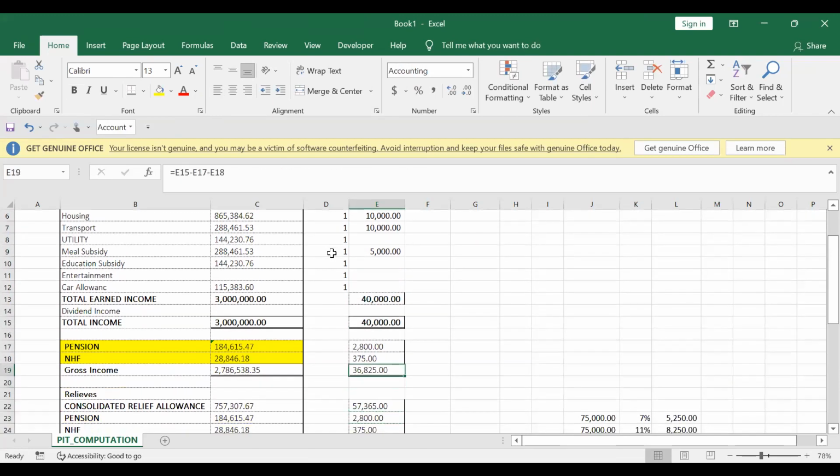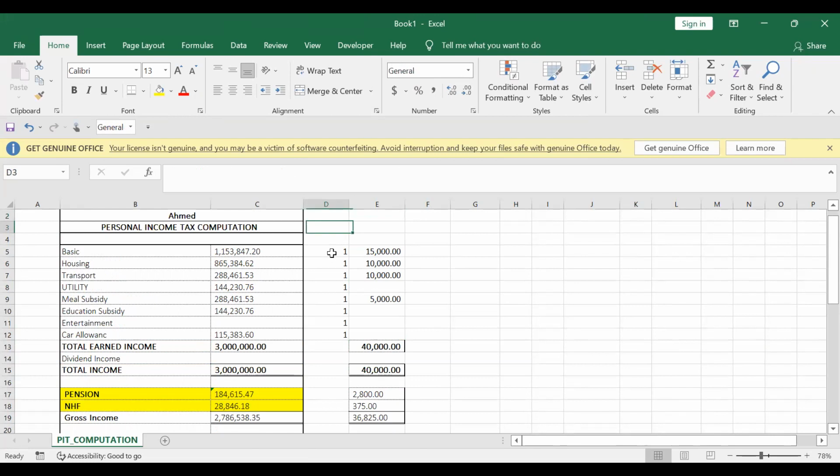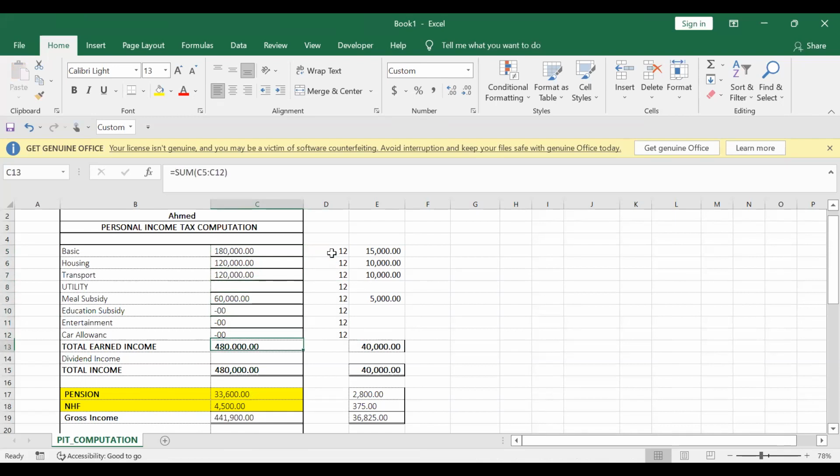So based on this estimate, the pension will be, let's use the annual figure so that it suits what you are trying to get. This times 12. All right, so you can see that in a year we have 480,000.